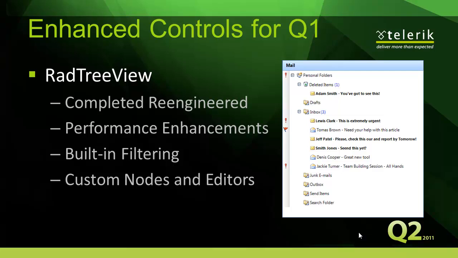This is going to make it much faster. We get built-in filtering, custom nodes and editors. Robert did a great demo of this on the last webinar, so I'm going to show you some of the data binding goodness that got me excited about this control. But it is completely re-engineered. Again, this is for quarter one.